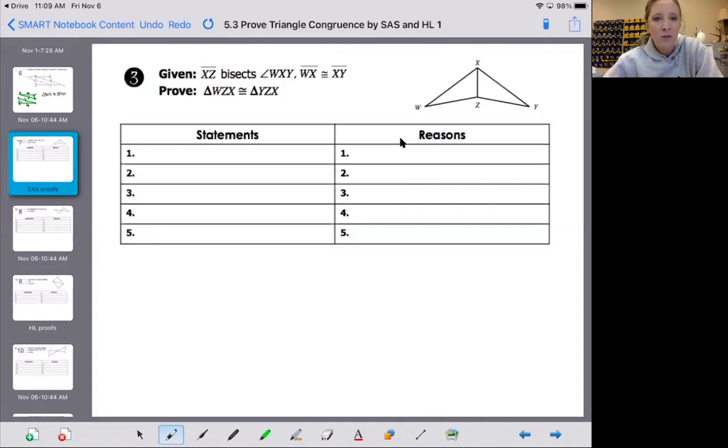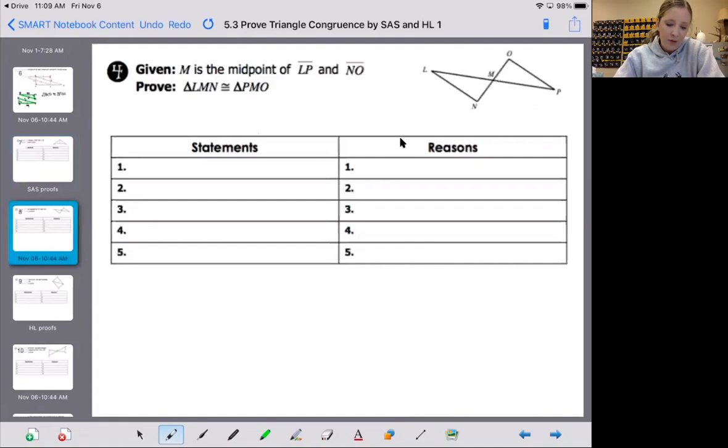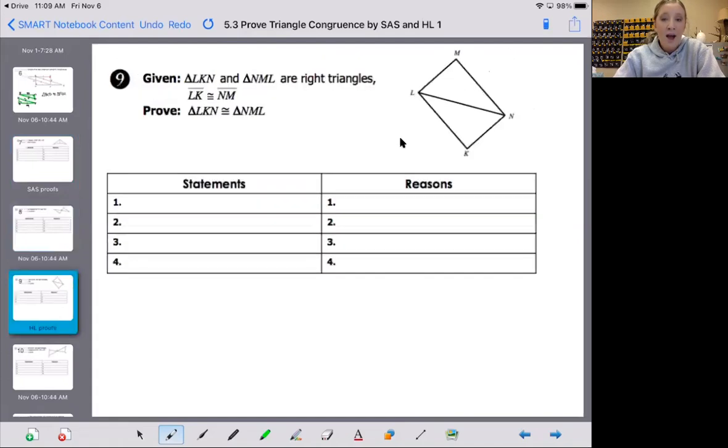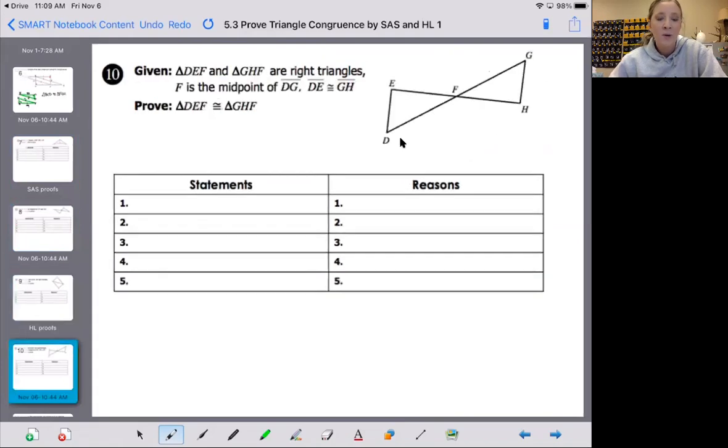I'm sure you know how to fill in all of the givens. So in fact, why don't you just pause the video now, fill in the given statements for all of the proofs, the next 4 proofs. I'm going to be doing proof number 3, number 4, number 9, and number 10. So I'm doing the side angle side proofs, and I'm also going to do the hypotenuse leg proofs.